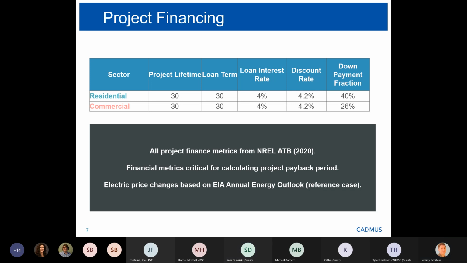Okay, thanks. Most of my experience with financing comes on the residential side, and most of the folks that we know that offer financing for residential systems typically don't do a 30-year loan term.